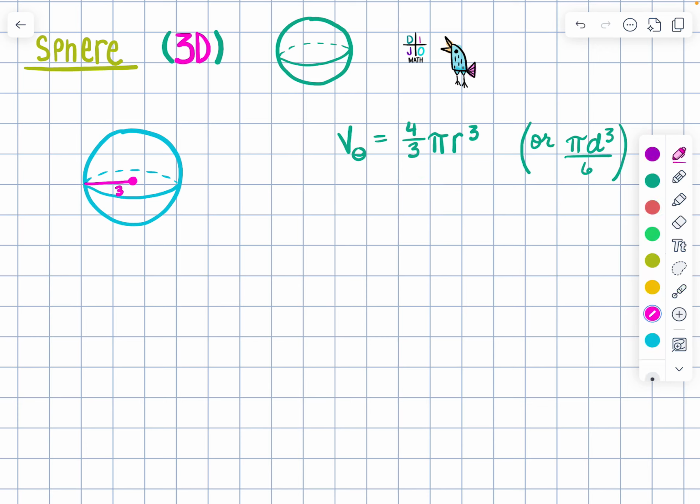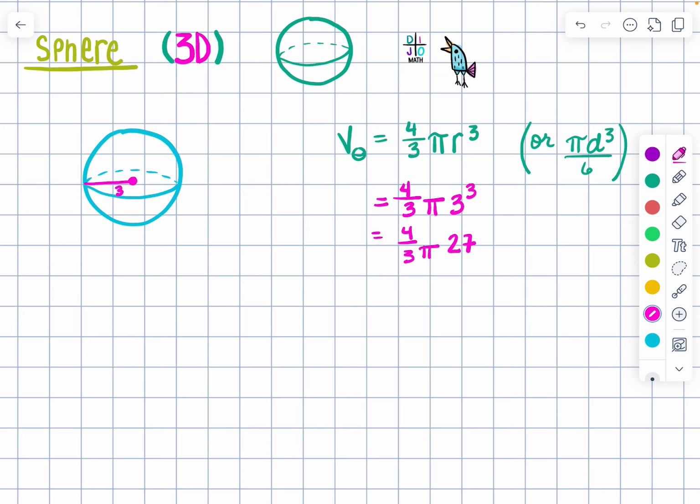So anyway, let's go ahead and pop 3 into our formula. 4/3 pi, and then our radius is 3, so we're going to say 3 cubed. Again I'm going to write 4/3 pi. 3 times 3 is 9, and 3 times 9 is 27.